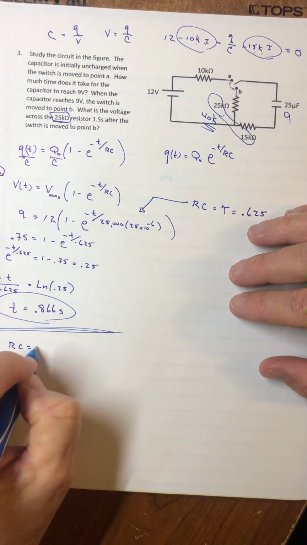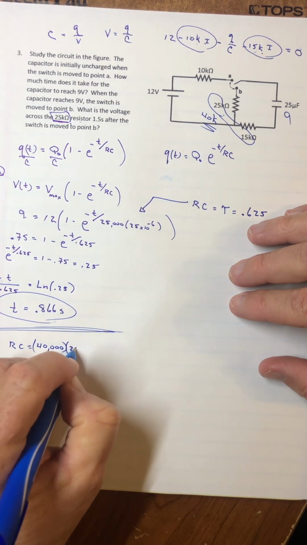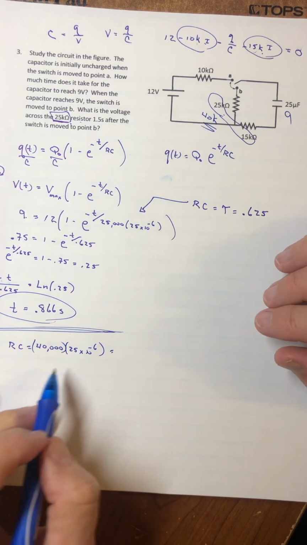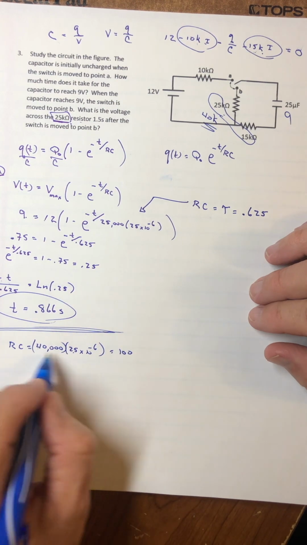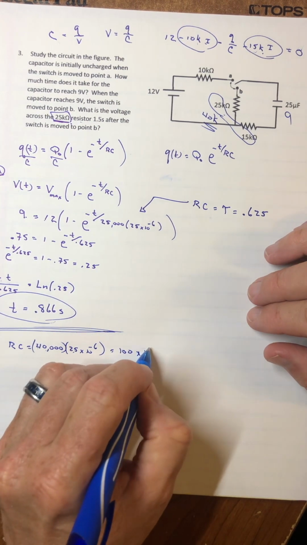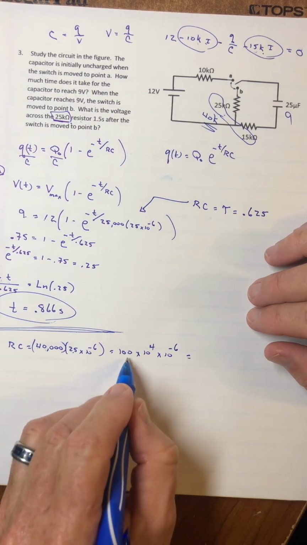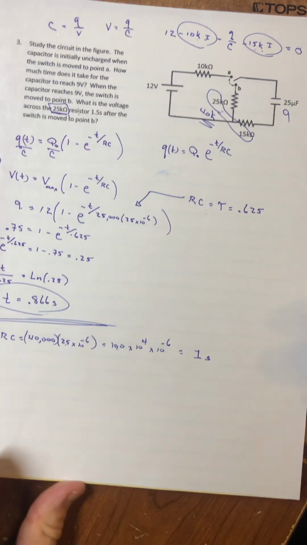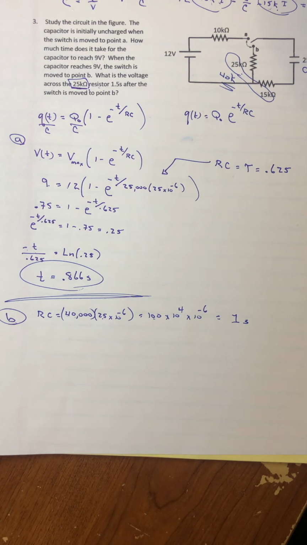Our RC is now 40,000 times 25 times 10 to the minus 6, which 25 times 4 is 100, and then we've got 4 zeros and 10 to the minus 6, which is nice because that makes an even 1 second. All right, so we've got a larger decay constant, and rightfully so, because we're going through more resistance on the discharge.